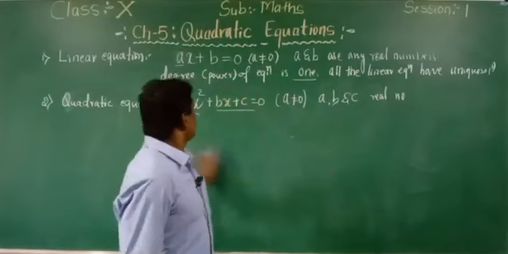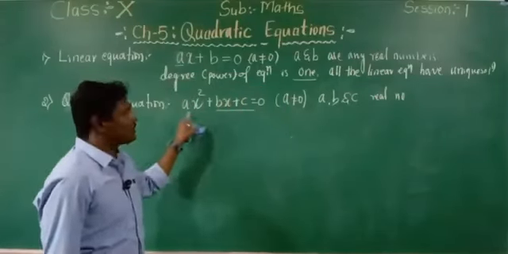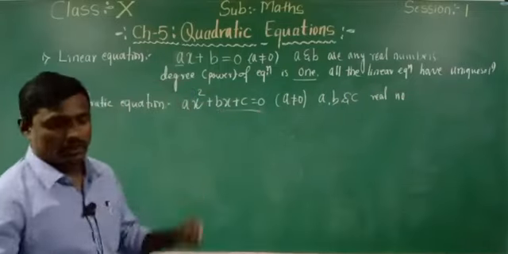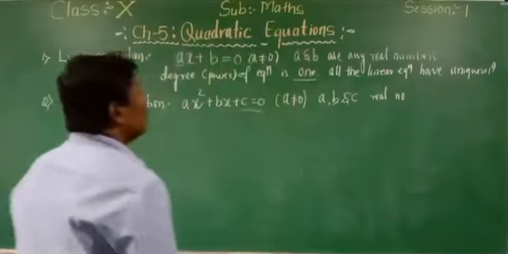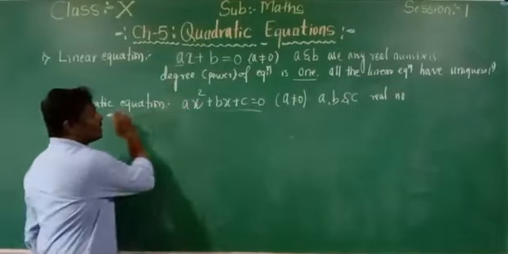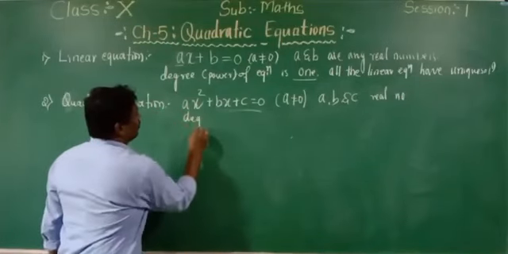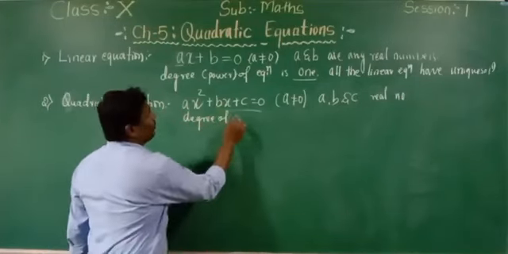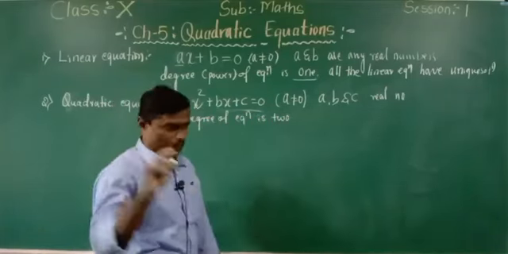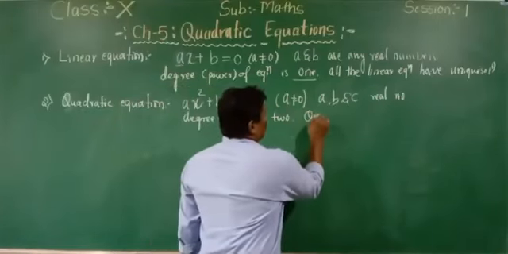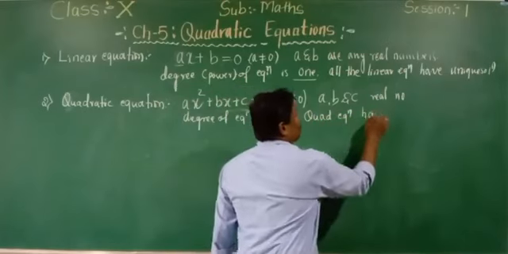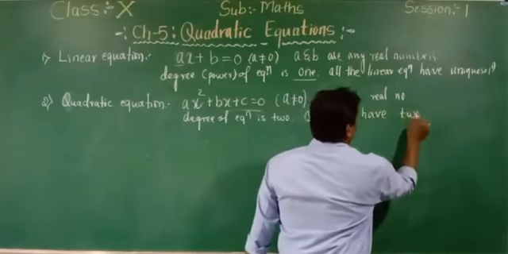Next, the standard form of the quadratic equation is ax square plus bx plus c is equal to 0, where a is not equal to 0 and a, b, c are real numbers. What is the degree of this equation? The highest degree of the equation is 2, and all quadratic equations have two solutions.